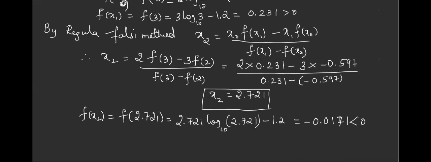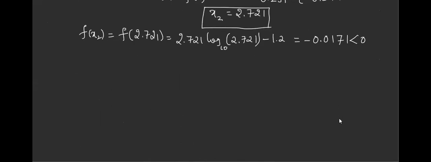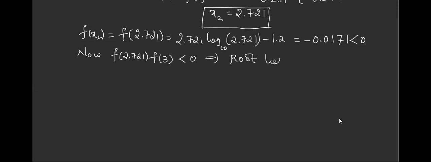Okay, write down. I'll take one more example, maybe it will be clearer. Just write f of 2.721 into f of 3. See, this is negative and f of 3 is giving me positive. So the product will be positive or negative? Negative. So this implies the root lies in the second interval.